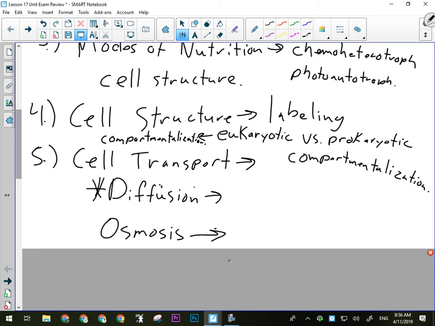We said that that could cause a cell to either shrivel up if there was lots of salt outside, or explode if there was no salt outside. I'm actually going to try and set this up a little bit later on today, and we'll look at it tomorrow.